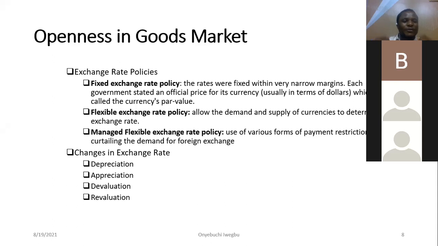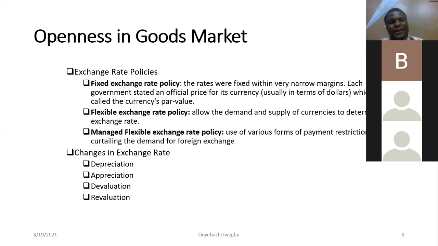You allow the demand for foreign products and the supply of your local product to determine the exchange rate. Remember that when you supply your product, which is export, that is an injection, you earn money, that's foreign exchange earnings. But when you buy, import, you are paying out. That's withdrawal. The forces of the two will determine the exchange rate.